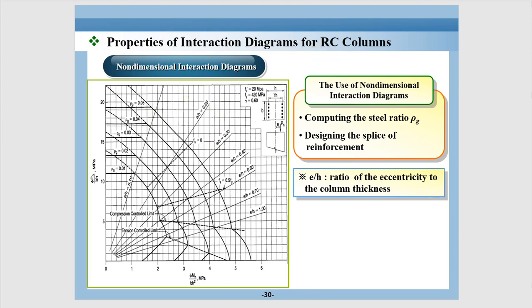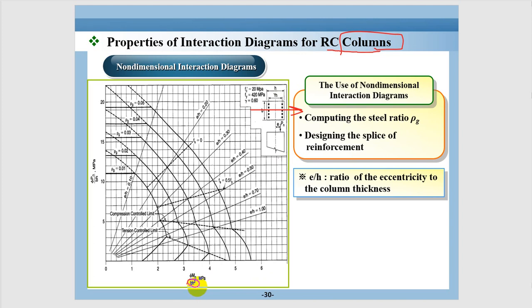Okay. This is a PM diagram that the design code provides, the properties of interaction diagrams for RC columns. The x-axis represents moment, as we know. The y-axis represents axial force, but the x-axis is normalized by BH square.